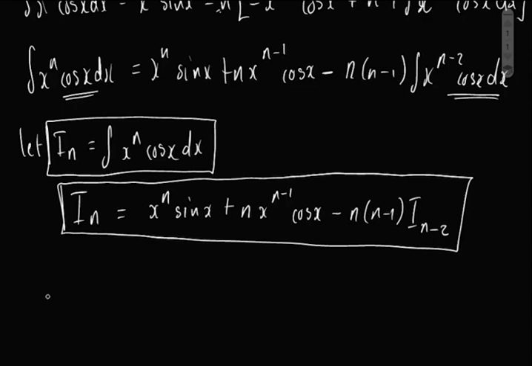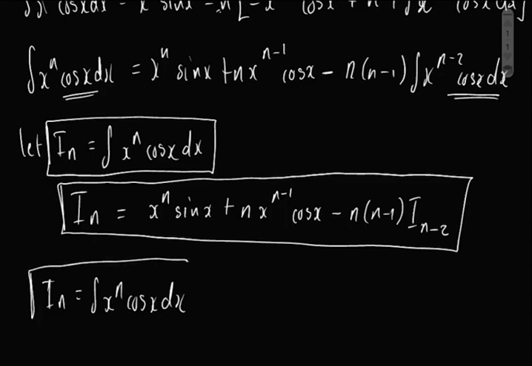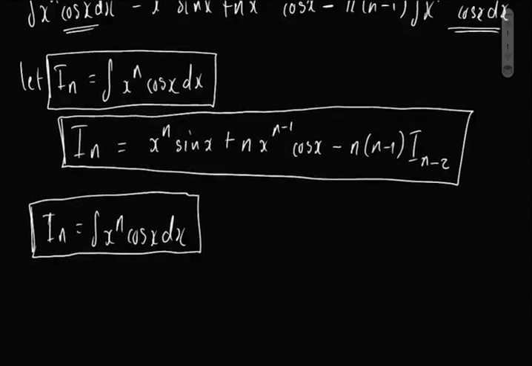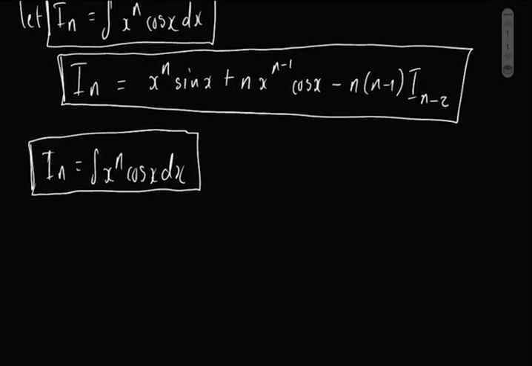So if I have I_n being equal to the integral of x to the n cos x dx, this is the thing you're going to do. You would have realized in a question that, wow, I have x to a large power and it's multiplying cos x. Now, I want the formula. I_n would be, what did we say?